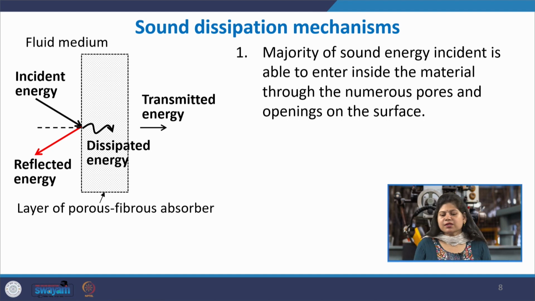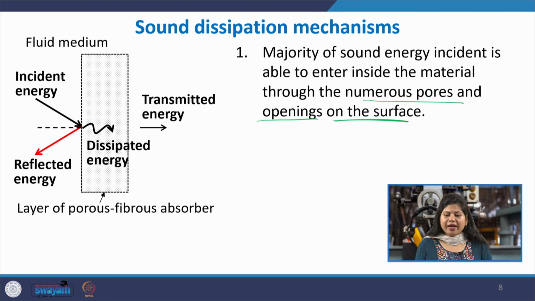The majority of the incident sound energy is able to enter the material through the numerous pores and openings available on the surface, and that is why open cell foam acts as an absorber, not closed cell foam.